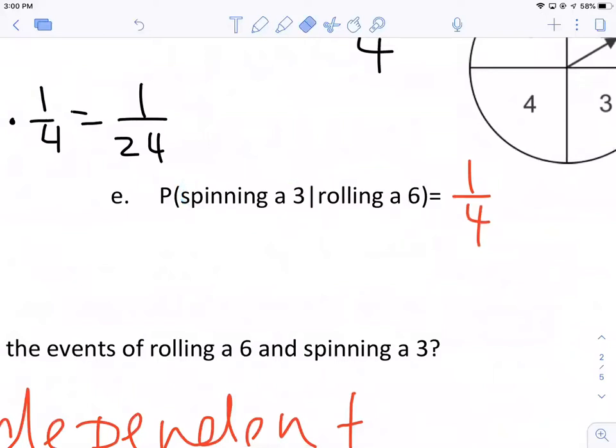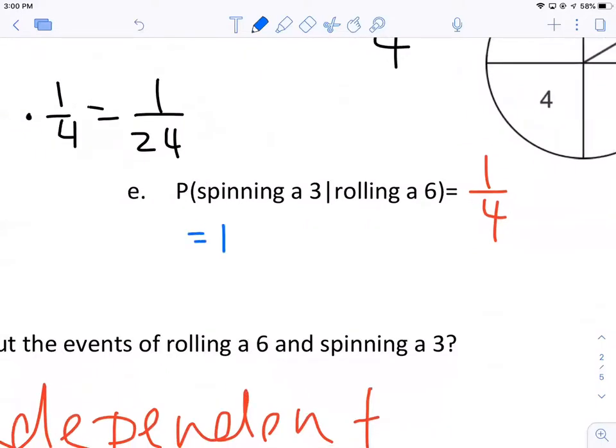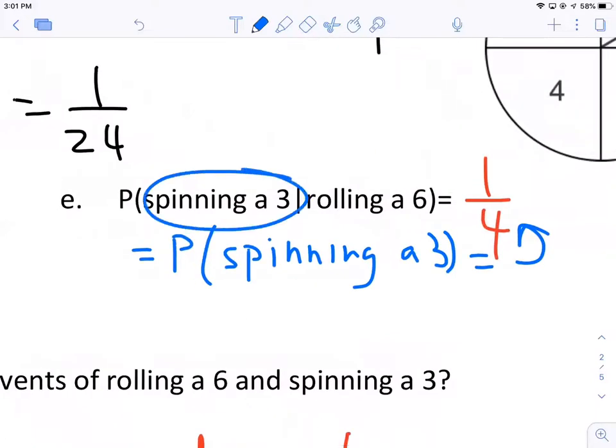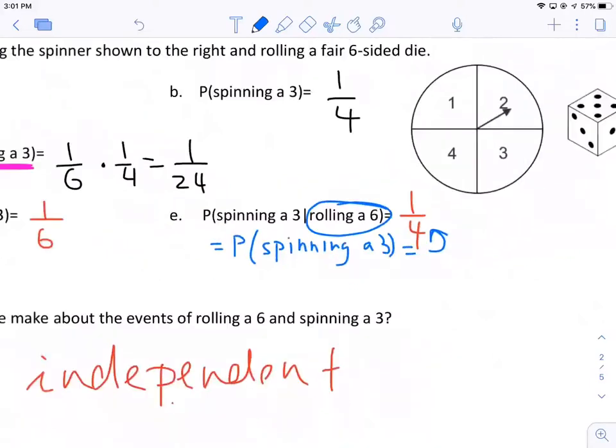Going back to the spinner and rolling die example, the probability of spinning a 3, given that I rolled a 6, was still equal to the probability of spinning a 3. Because whatever happened with rolling a die did not affect the probability of spinning a 3 on the spinner. So this condition had no effect.